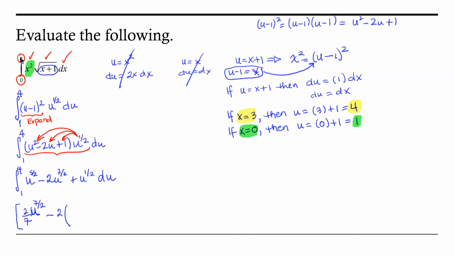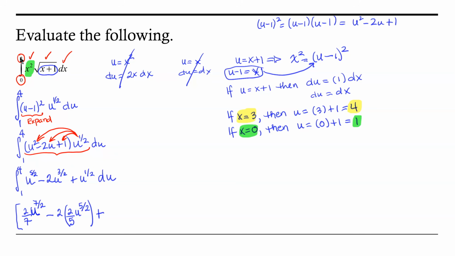For the antiderivative, I'm going to add 1 to that exponent. So 3/2 plus 1 is 5/2. So u to the 5/2. And then for my antiderivative there, I need to multiply by 2/5, plus u to the 1/2.